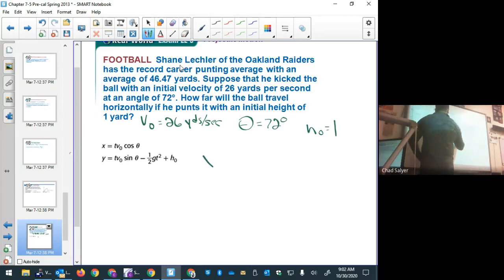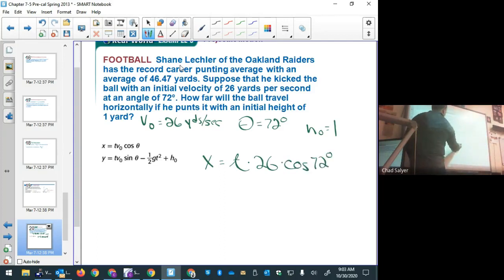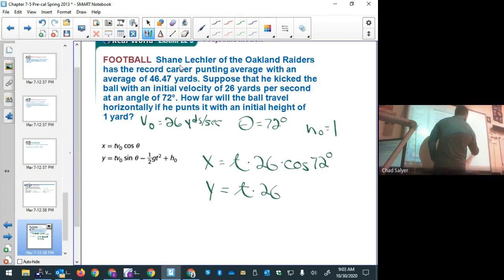So x equals t times 26 times cosine of 72 degrees, and y equals t times 26 times the sine of 72 degrees.